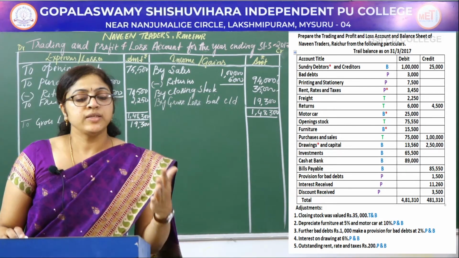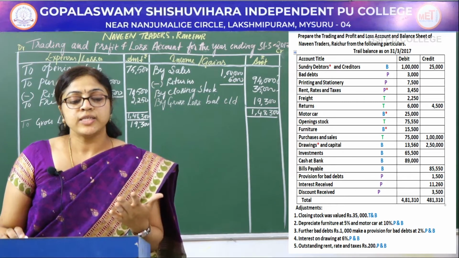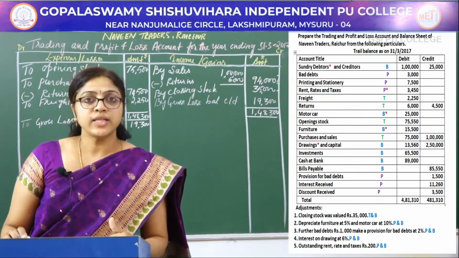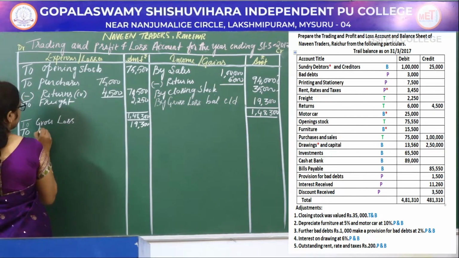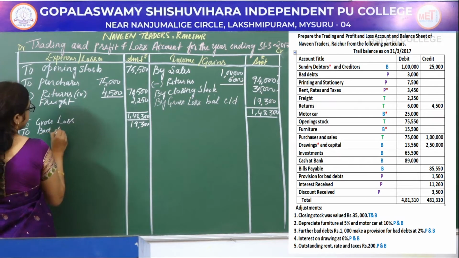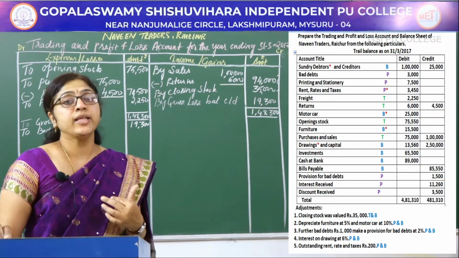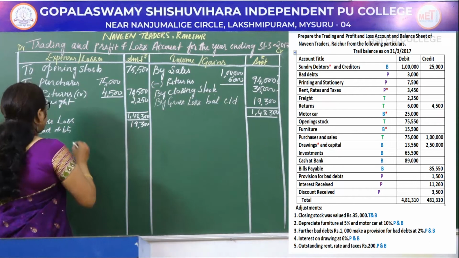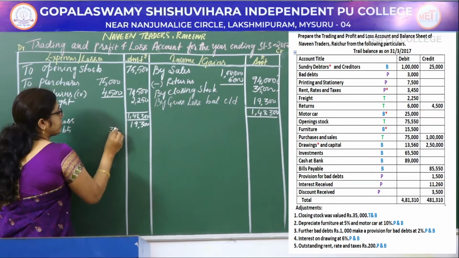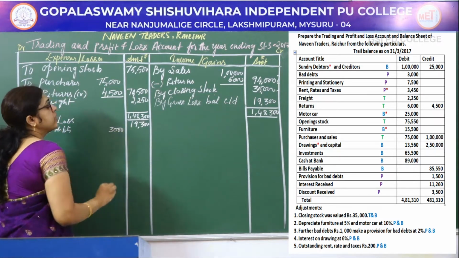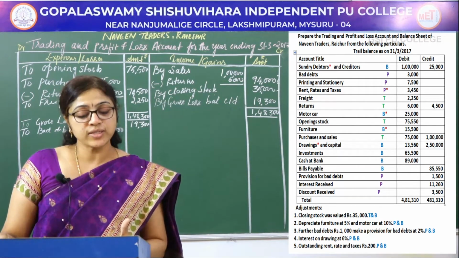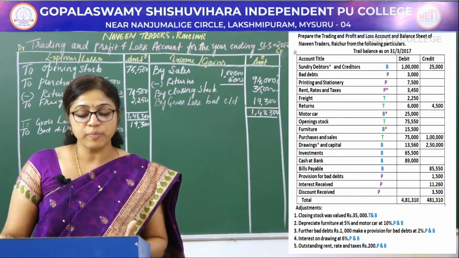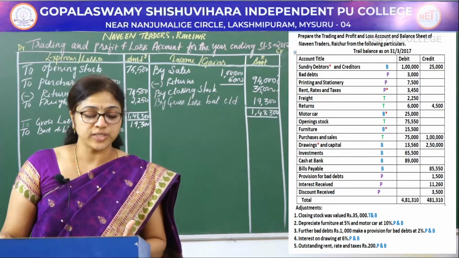Next one, see the trial balance, that is bad debts amount is given 3,000. There is an adjustment for bad debts, to bad debts. Bad debt amount is 3,000. To bad debt 3,000 in the inner column. Third adjustment is further bad debts rupees 1,000 and make a provision for bad debts at 2%.